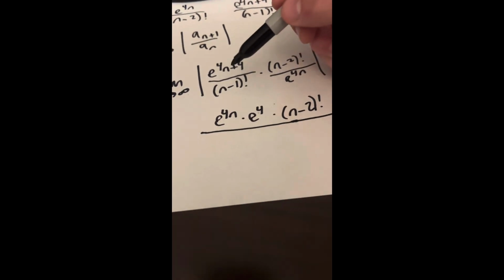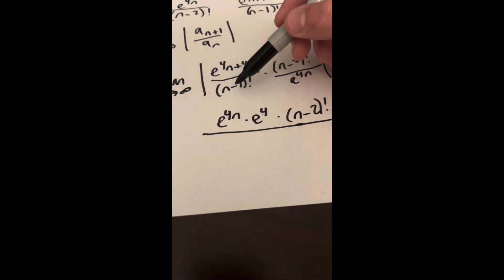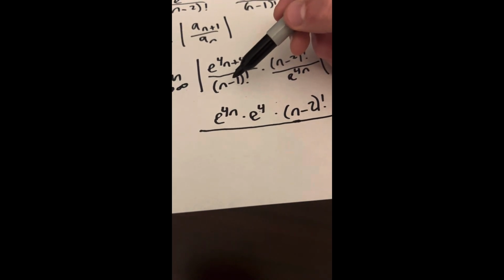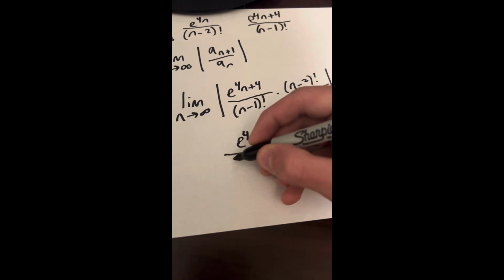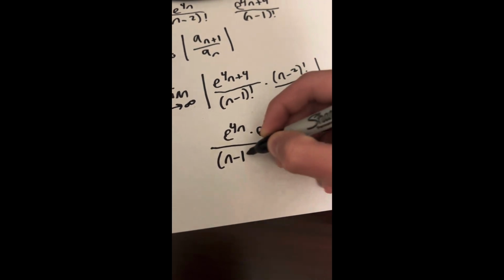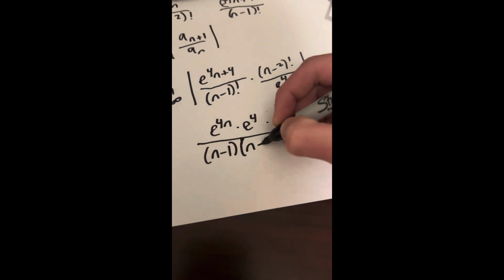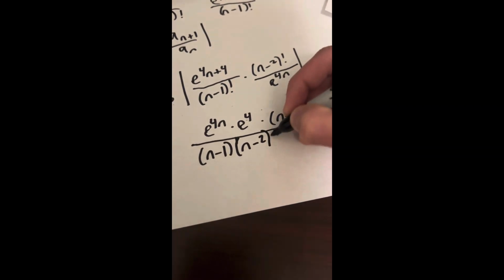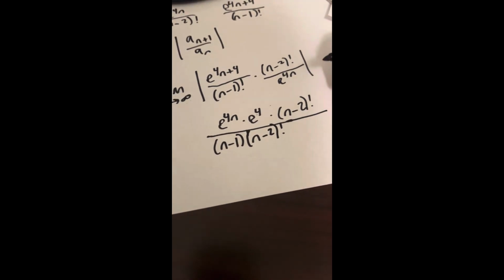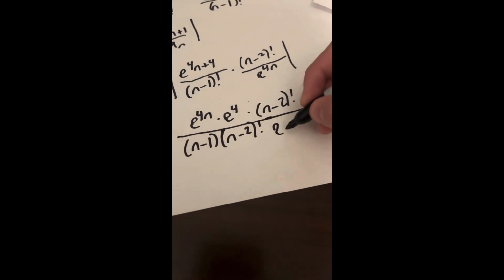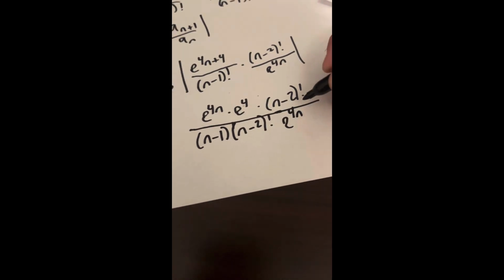So what we can do is this is really n minus 1 times n minus 2 factorial, right? And then we also have e to the 4n right here.